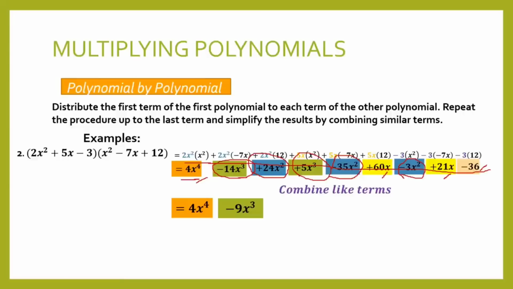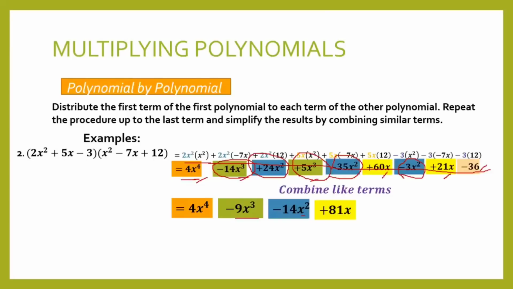So again, our first term is 4x raised to 4. Negative 14x cubed plus 5x cubed is equal to negative 9x cubed. So that is our second term. Then the sum of 24x squared minus 35x squared minus 3x squared is equal to negative 14x squared. So that is our third term.